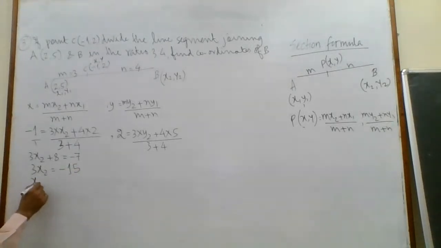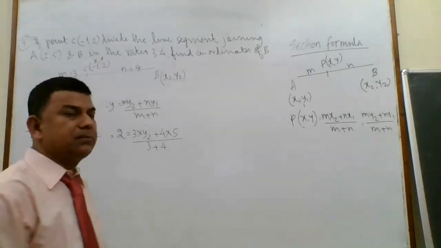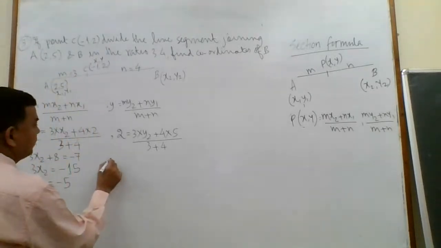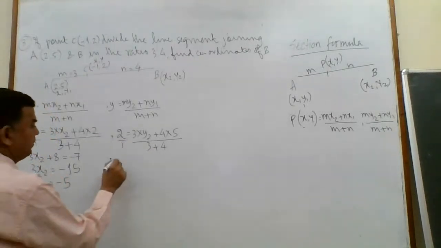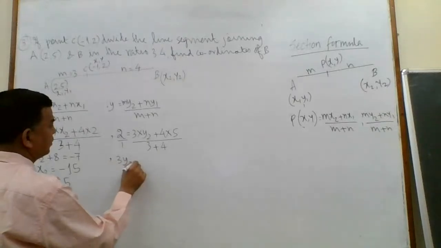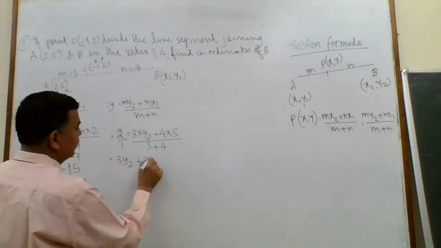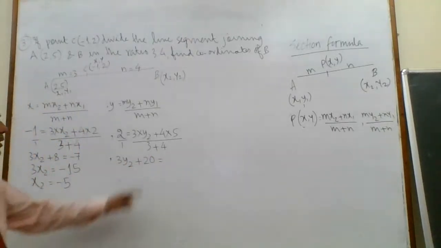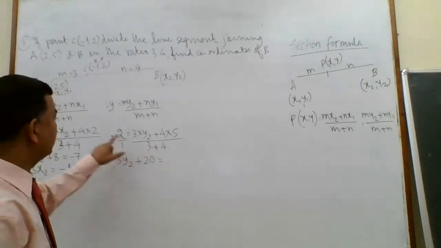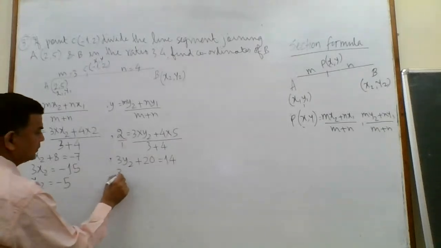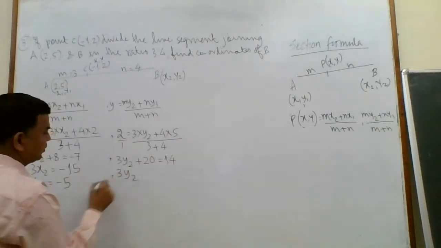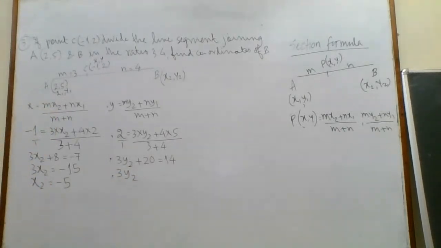If 3x2 is minus 15, x2 will be minus 15 by 3, that is minus 5. Same way this side, if you cross multiply, here there is a 1, 3 into y2, 3y2, 4 into 5, 20. 3 plus 4, 7, multiplied to 2 is 14. Our aim is to get y2, so let it be there on the left side.